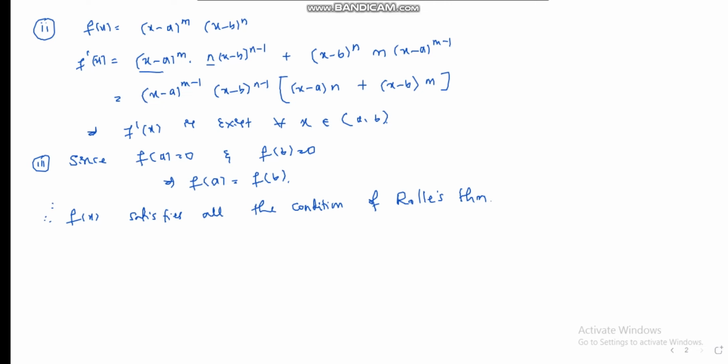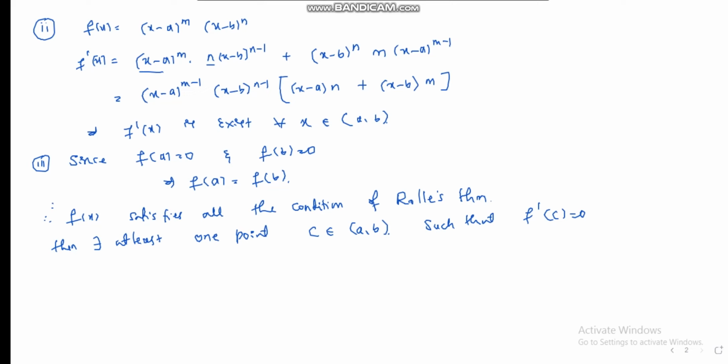Then there exists at least one point c belonging to the open interval (a, b) such that f'(c) is equal to 0.